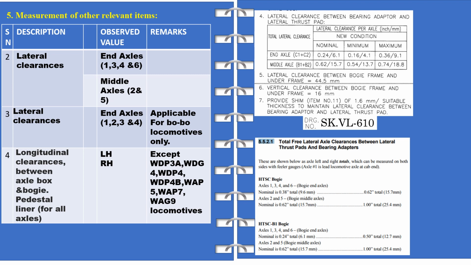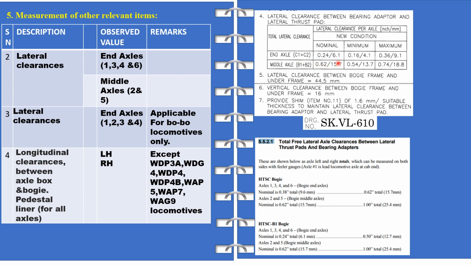Then we have measurement of other relevant items like lateral clearance. So lateral clearance, this has been specified as first end axles, specifically 1, 3, 4 and 6th axle. So for the end axle, we have to take total of both sides, C1, C2.